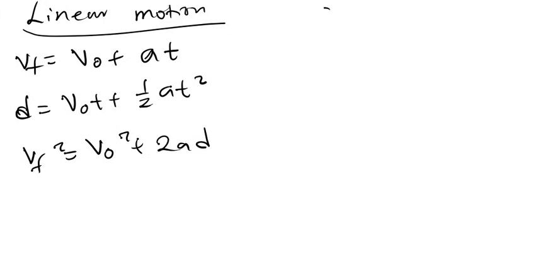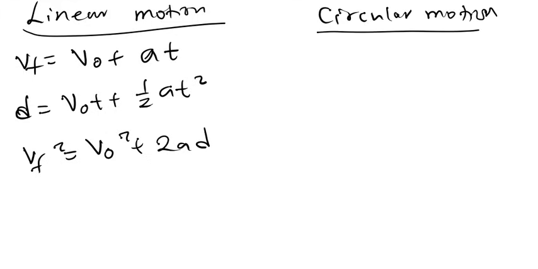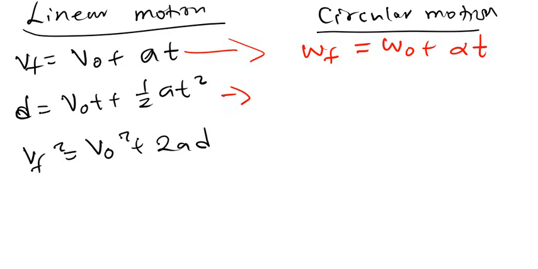Now when we're talking about circular motion, remember what I said: the V is now W. Again, that is going to be W initial plus acceleration, which is alpha, times t. T doesn't change. d becomes theta, v becomes omega initial, time doesn't change, half alpha t squared doesn't change.